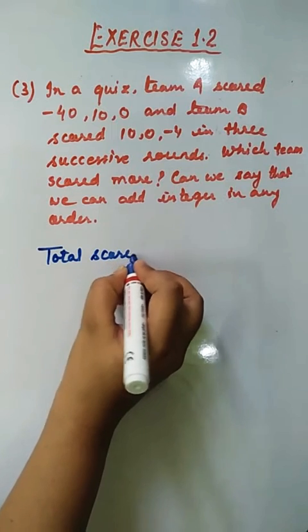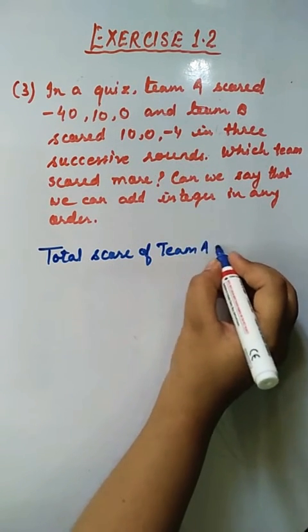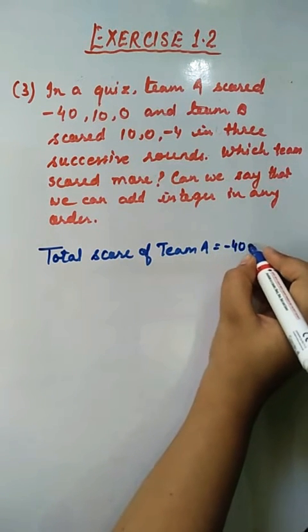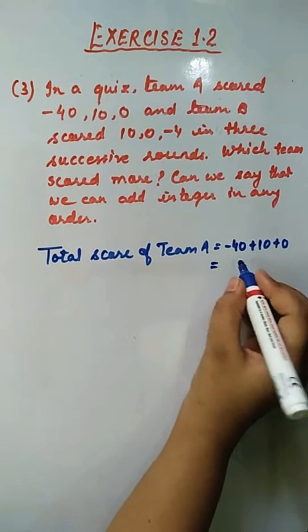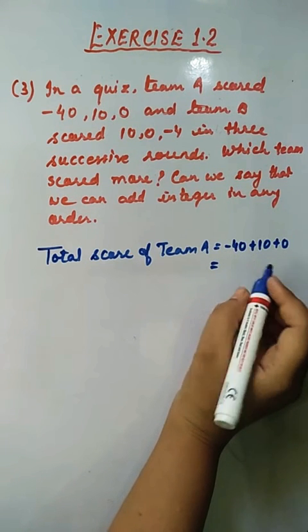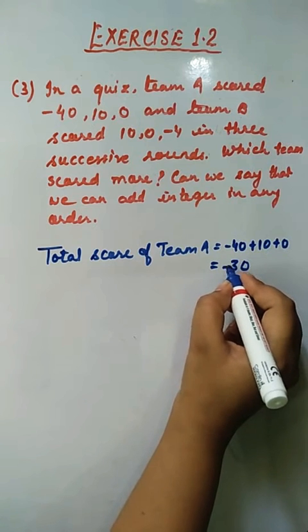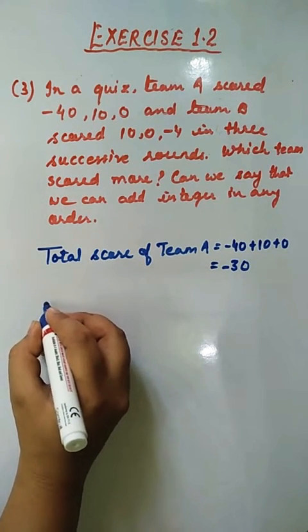How will you do it? -40 plus 10 plus 0. This is negative and this is positive, minus plus minus. You will subtract this and the answer will be in minus only. So -30 is the total score of team A.